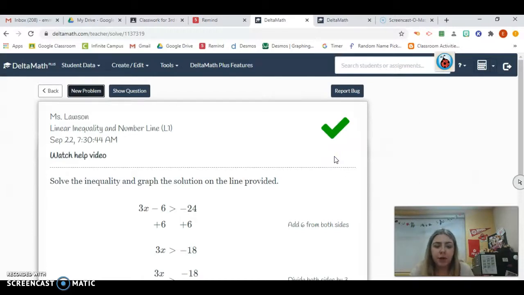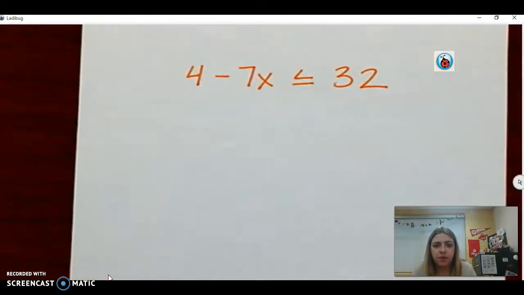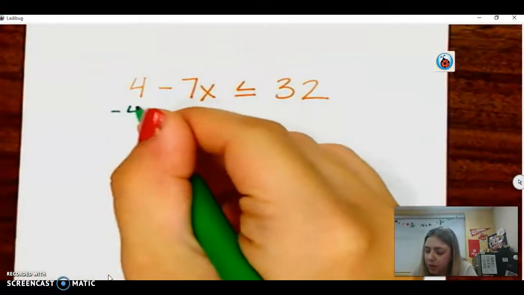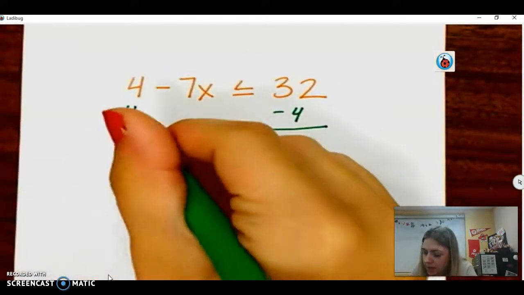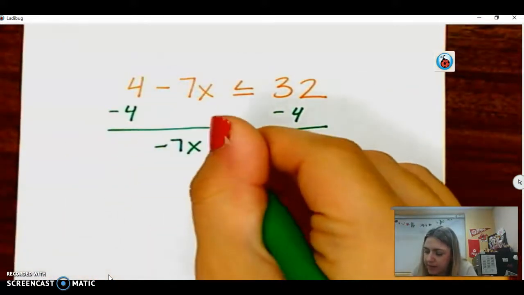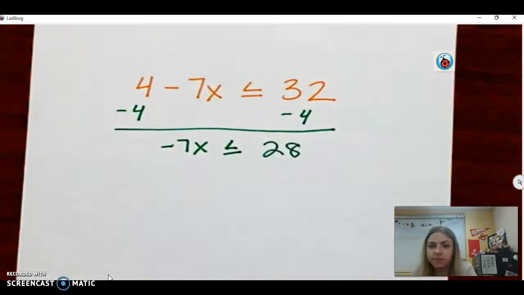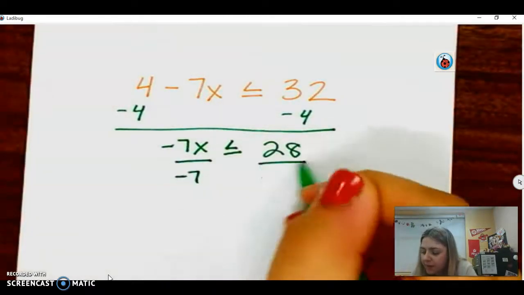So now we're going to work through one more example, because there's one other thing to point out. With this example, I'm going to start by subtracting 4. It's going to leave me with negative 7x is less than or equal to 28. And now I'm going to divide by negative 7.